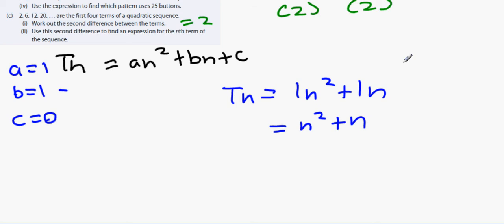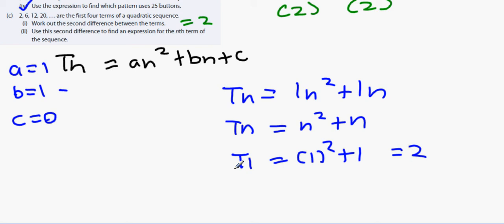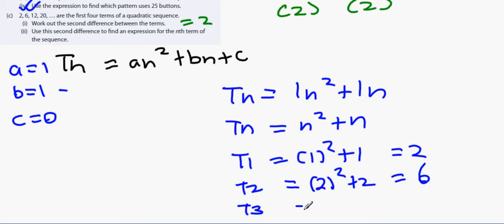Let's see if it works. If n equals 1, T1 is 1 squared plus 1, which is 2. Works for T1. T2 is going to be 2 squared plus 2, which is 6, which is correct. And finally T3 is going to be 3 squared plus 3, which is 12. So we know we have the correct formula because it keeps working for us. Okay.